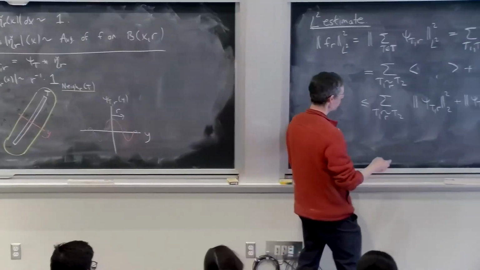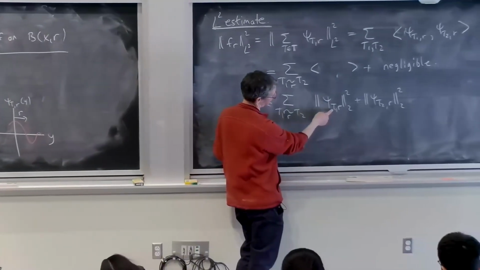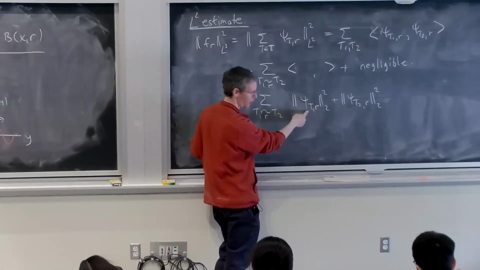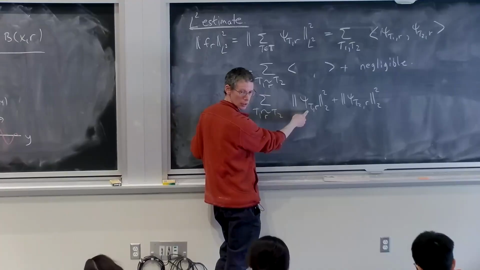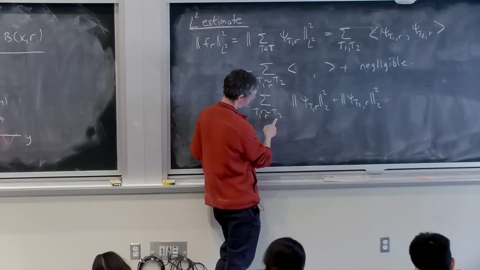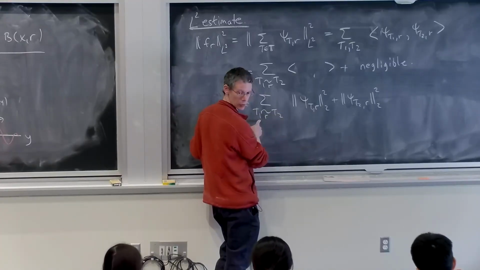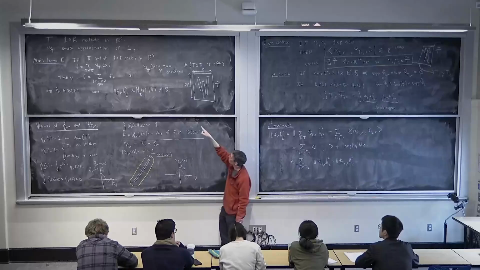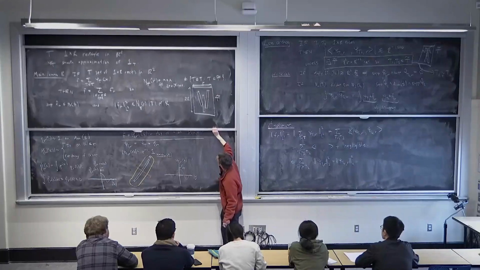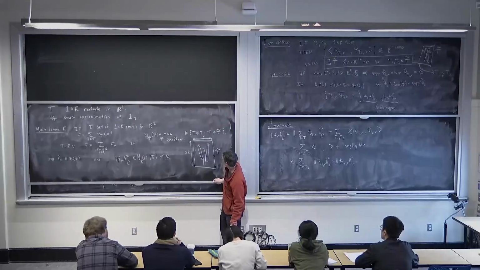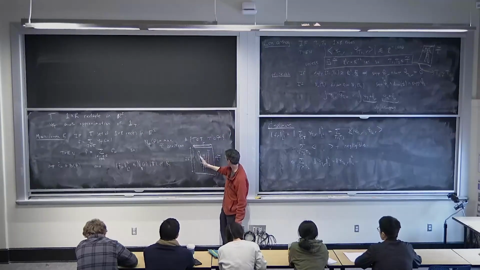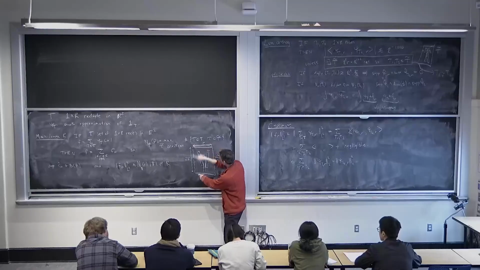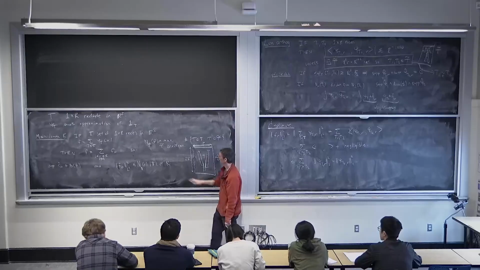OK. So I want to know how many times does each of these functions, CT1, appear in this sum? And the number of times is the number of different T2s that are related to T1. And that number is basically the number that appears in our main lemma. This thing that we were counting here, how many tubes lie in a little r by big R big tube, that's exactly how many tubes T2 are related to T1.